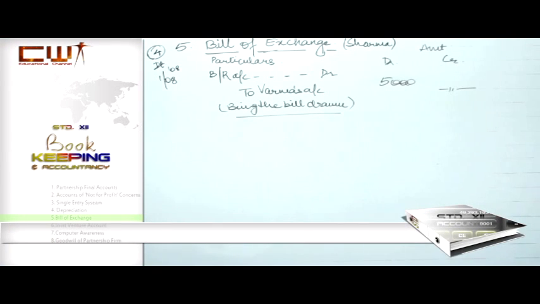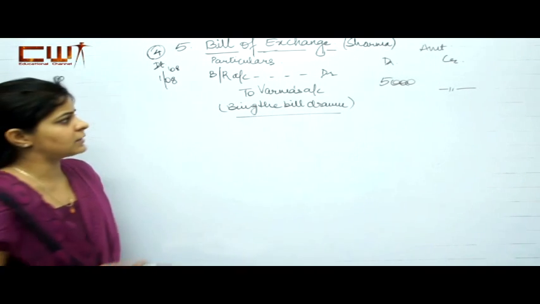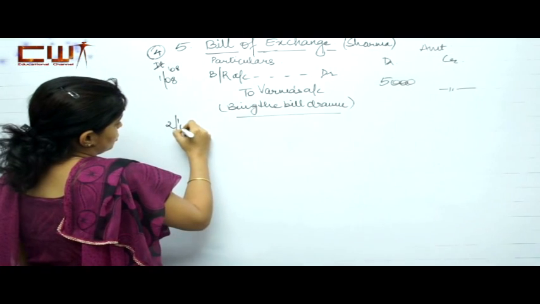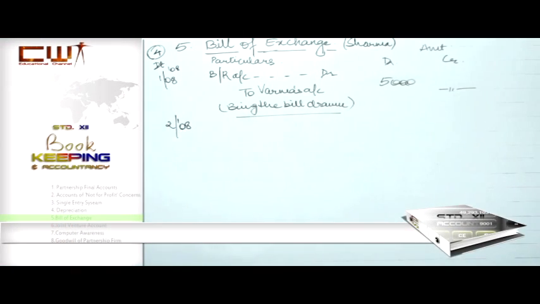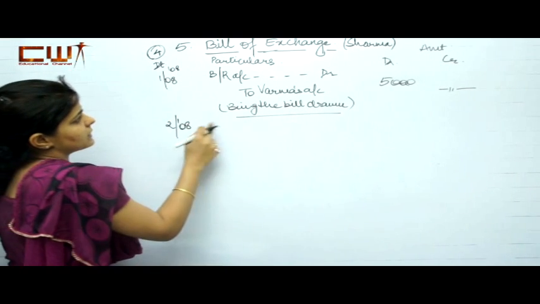The bill is discounted by Sharma for rupees 4,925 with his bank. Discounting is always before the due date, so you get the money the next day.